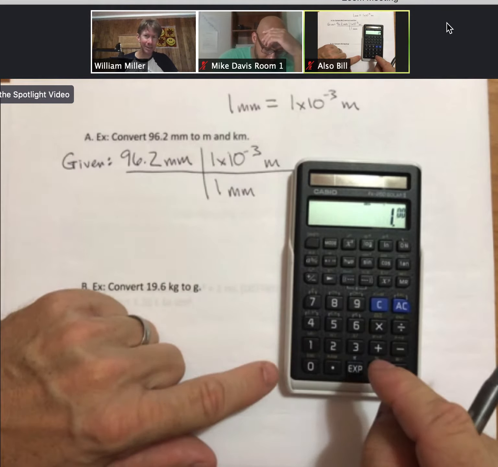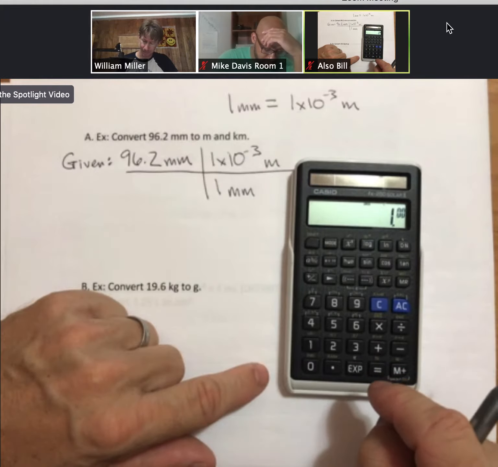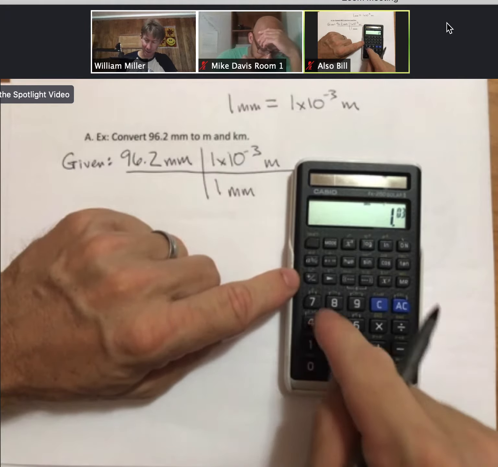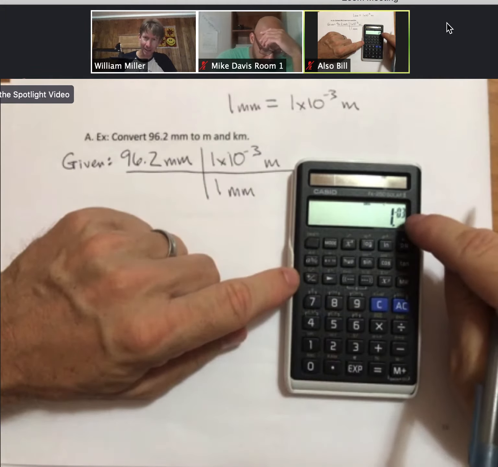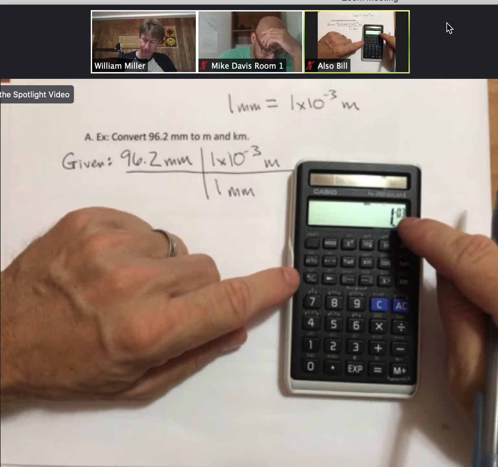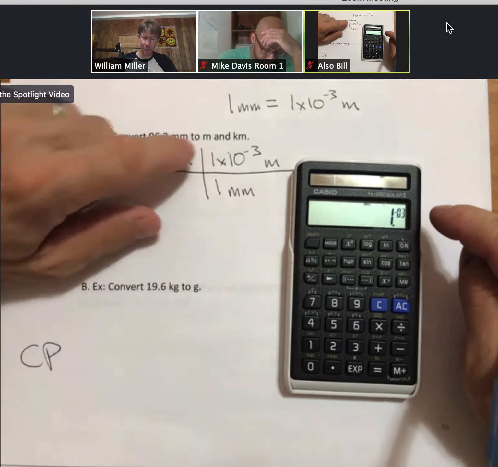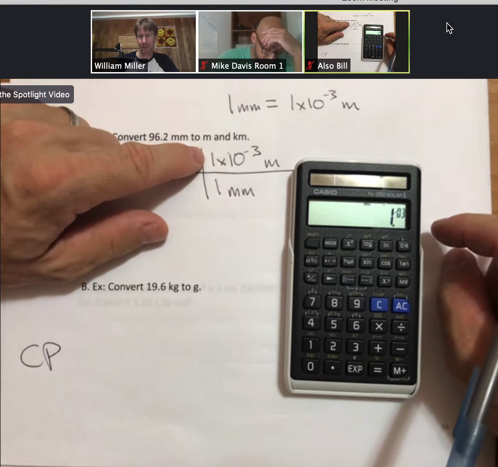I don't enter times 10 to the, I enter 1 exponent, then I enter 3, and then I hit the plus minus button right here, and it puts a little minus. So 1 with a minus 3, that is 1 times 10 to the minus 3 on my calculator.